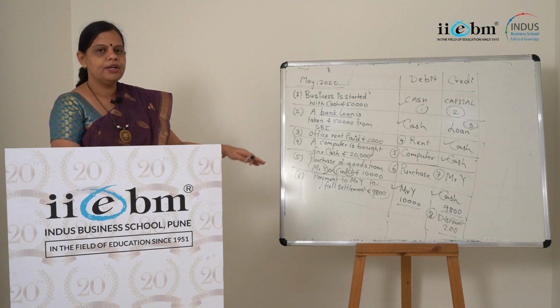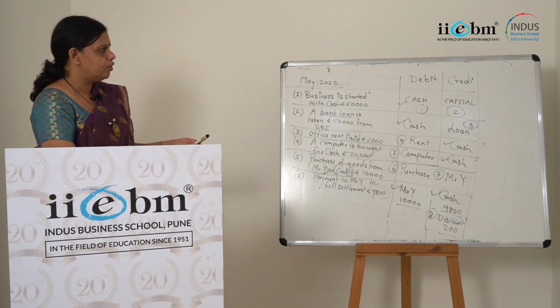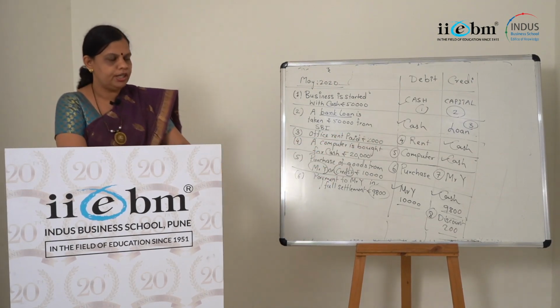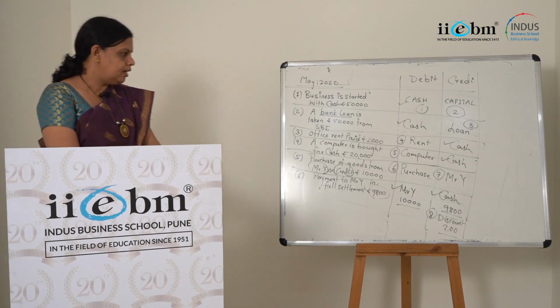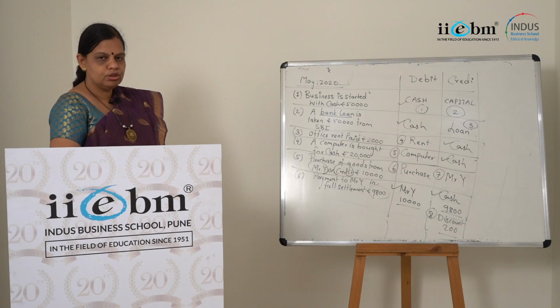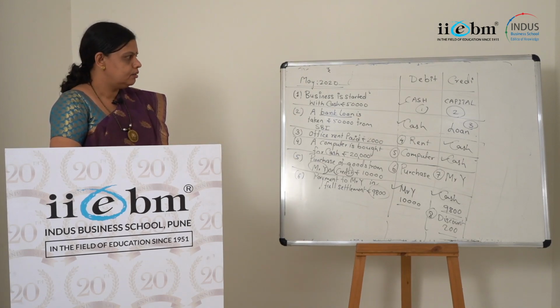So I am not opening a separate account for cash, and that is why I have put a tick over here. So how many ledger accounts will I make? 1, 2, 3, 4, total 8 different ledger accounts, okay?